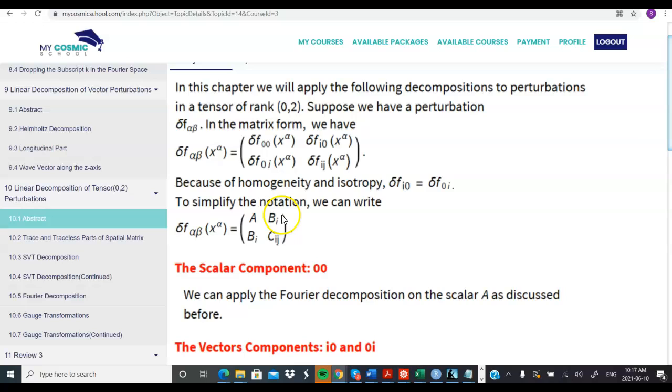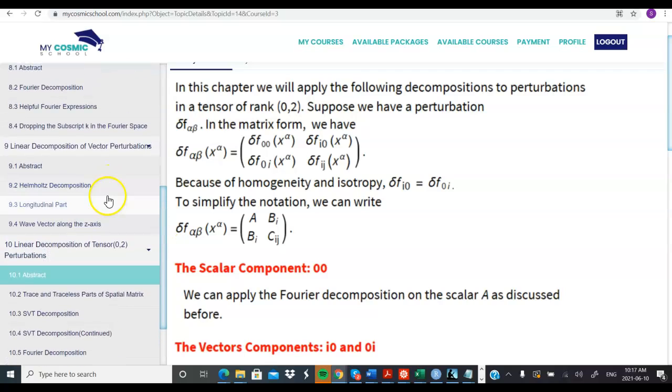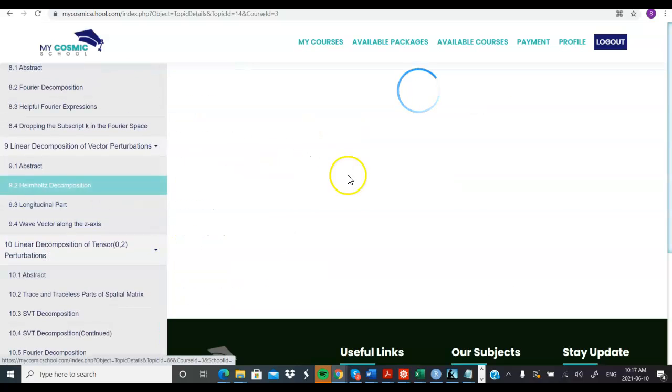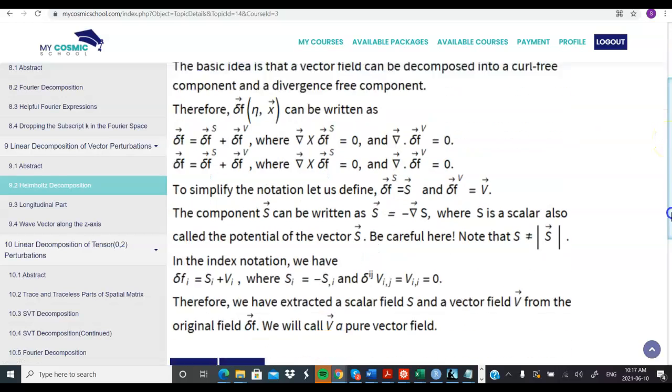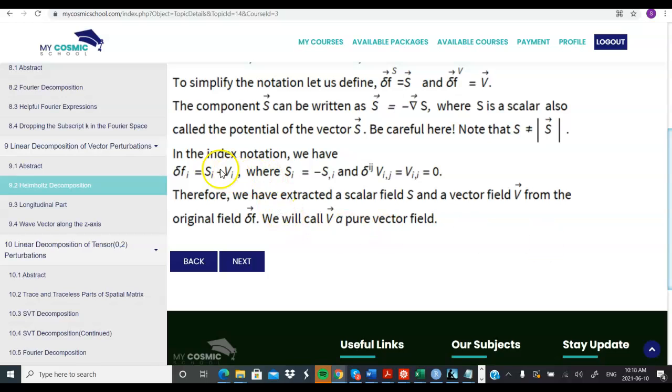It is this b_i on which we will apply this framework of decomposition of vector perturbation. We'll talk about this later in the course. But for now, let us properly understand the Helmholtz decomposition and make sure that you get good hands-on practice with the index notation.